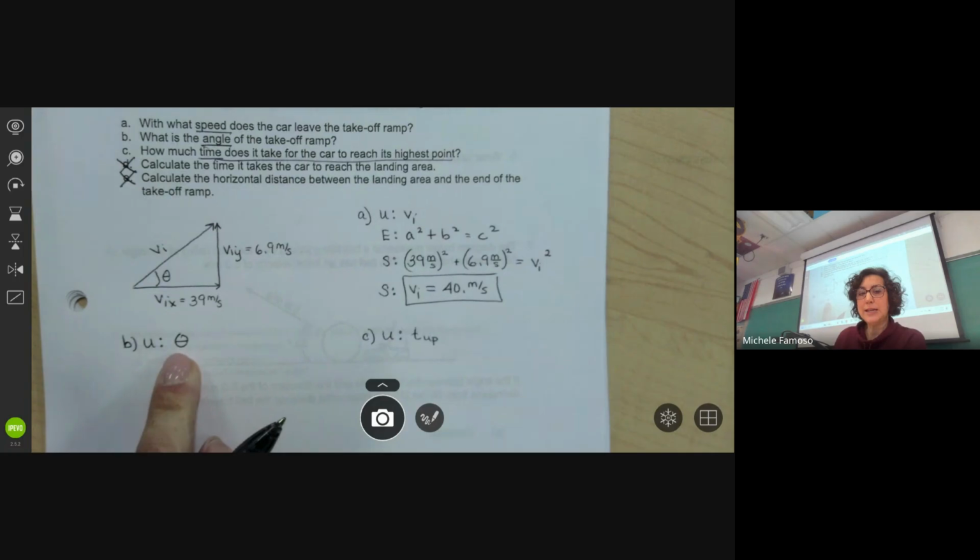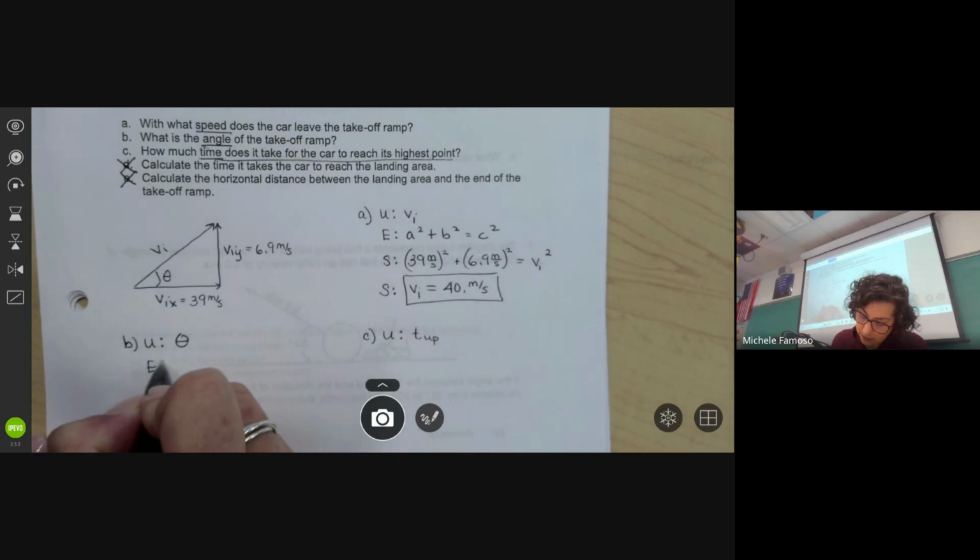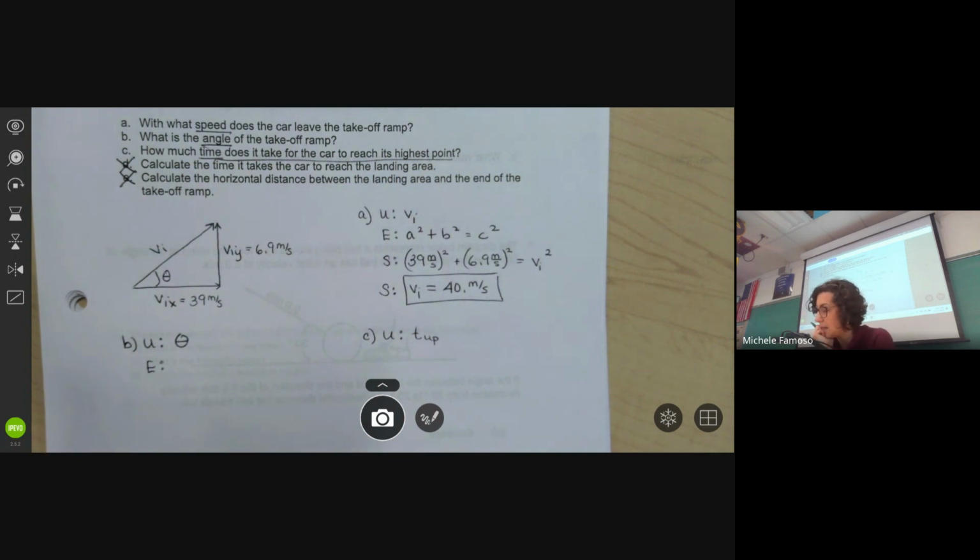Now, how are we going to get theta? We need an equation that we can use to help us get theta. Who thinks they have it?